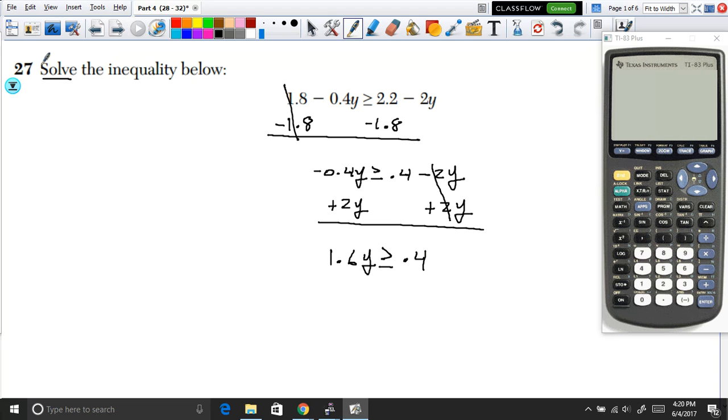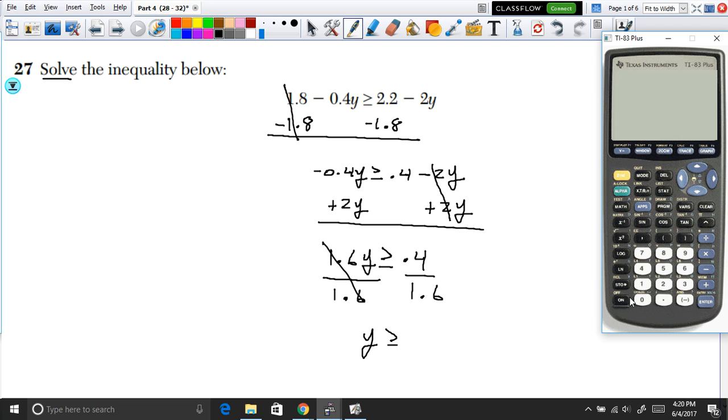But in order for us to solve, we got to leave this y by itself. So our last step here is to eliminate 1.6. And to do that, we're going to divide 1.6 to both sides. Because notice that the 1.6 is multiplying. If you wish to cancel it, you got to divide. So we do that. And now, 0.4 is just a number.